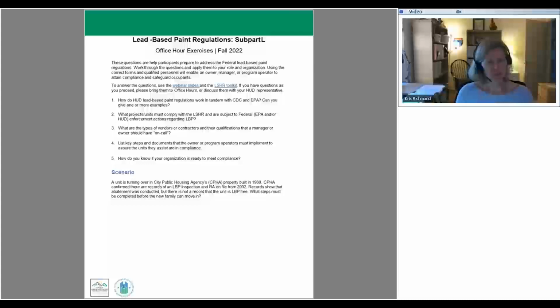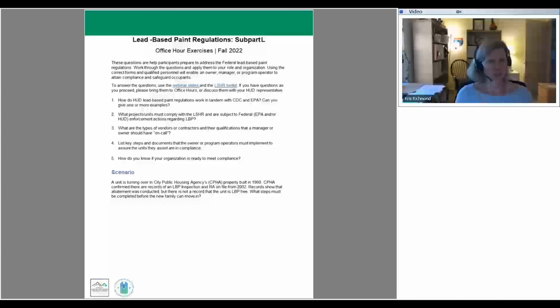Okay. All right, I'm going to move down to the scenario, and our scenario is prior to move-in inspection. So we have a unit that is turning over in the city's public housing agency, and the property was built in 1960. The housing agency confirmed that they do have records of the lead-based paint inspection and the risk assessments of all the units on file from 2002, and now it's 2022, so we're 20 years later.